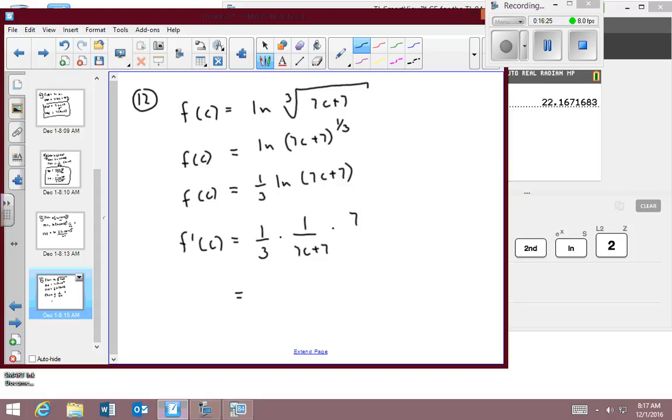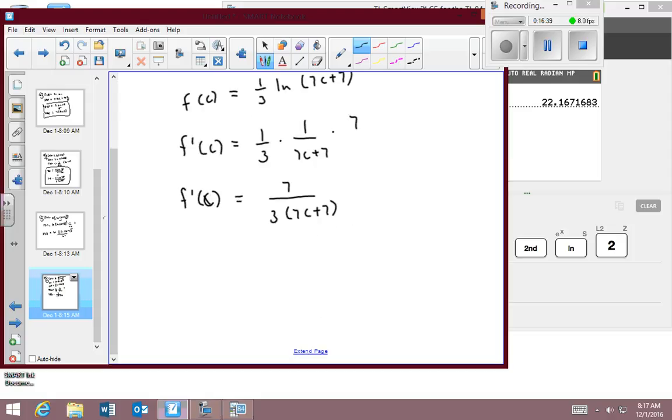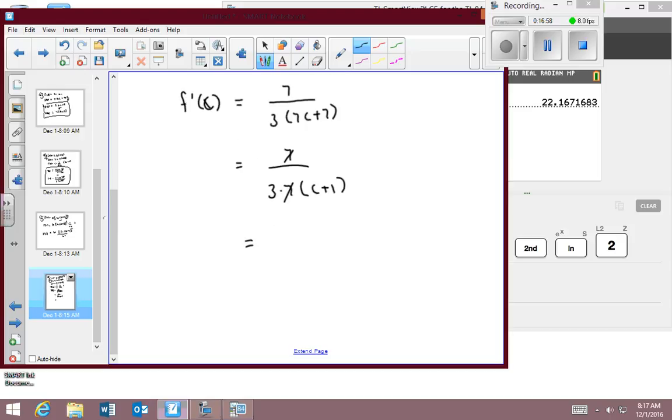So now then, this is going to be 7 over 3 times 7c plus 7. And what we can do is factor a 7 out of that. We have a 7 in the numerator, 3 times 7 out of c plus 1. And then this will go here, so it's 1 over 3 times c plus 1.